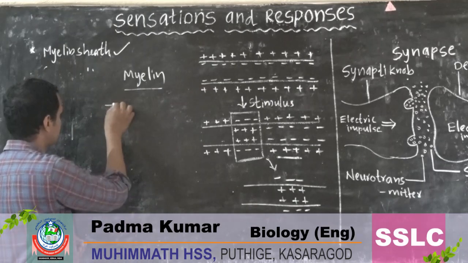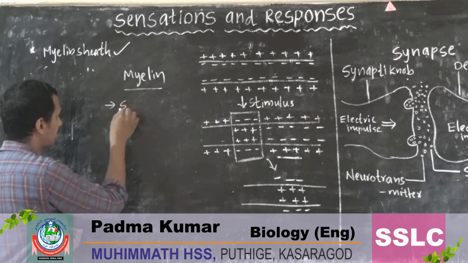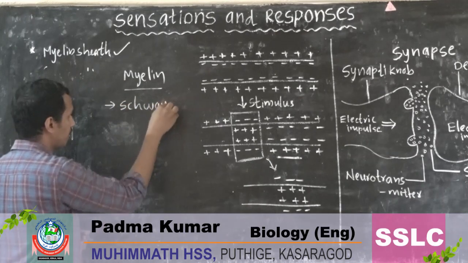This myelin sheath is formed from a special type of cell called a Schwann cell.